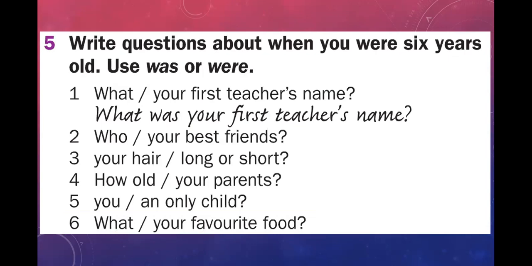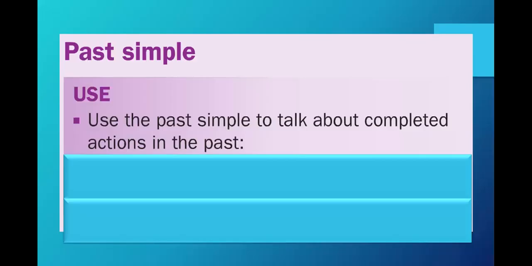Now, for past simple, with all the rest of the verbs, okay? We're going to use the simple past to talk about completed actions in the past, okay? Now, we're not only talking about situations, we're also talking about actions. Completed actions, not something that is not finished, because in that case, we would have to use a different tense.